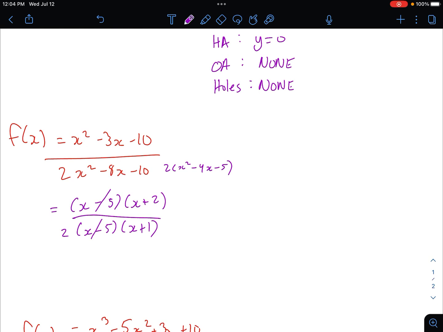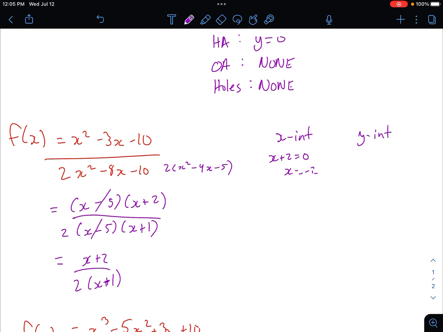So these cancel out, and you're left with just this rational. When we're doing our x-intercepts, because that cancels out, it's no longer an x-intercept. And my only x-intercept is going to be when x plus 2 equals 0, so that's when x is -2.